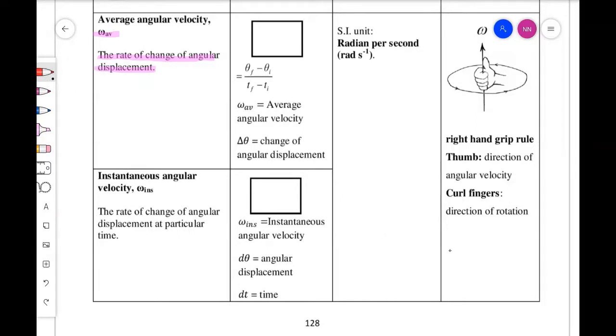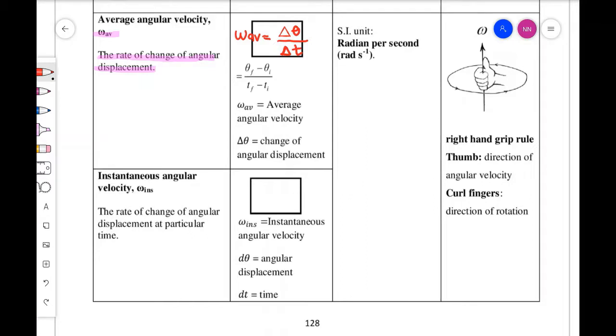So the equation is omega average equals change of angular displacement, delta theta, over time interval, delta t.